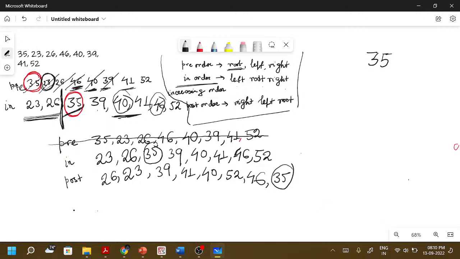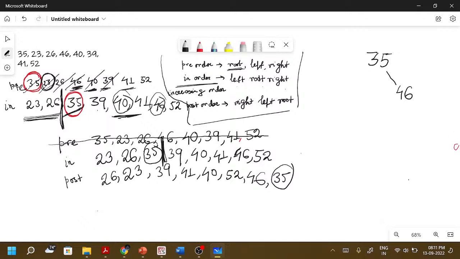This is our first root. Now we first consider the right part. The next root is 46.